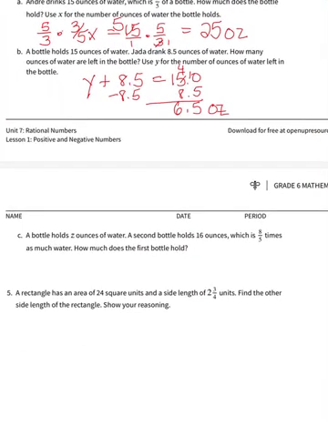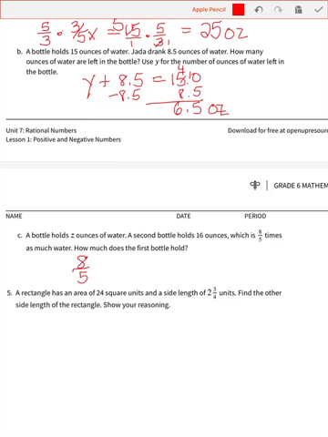Alright, so we have 4C. A bottle holds Z ounces of water. A second bottle holds 16 ounces, which is 8/5 times as much water. How much does the first bottle hold? Okay, so the second bottle holds 8/5 of the first bottle Z. And the total is 16 ounces.